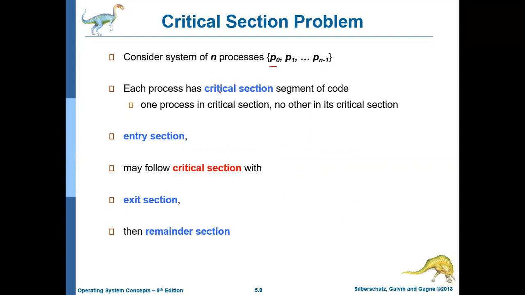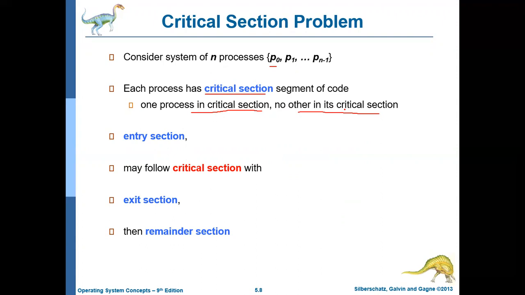Let us assume each process has its own critical section, that is, they are going to access the shared variable in their critical section. If one process is in the critical section, then no other process should be allowed to be in the critical section. This will ensure that the data is consistent.